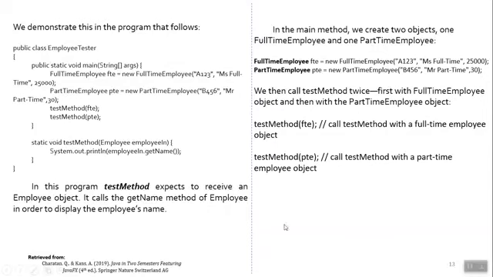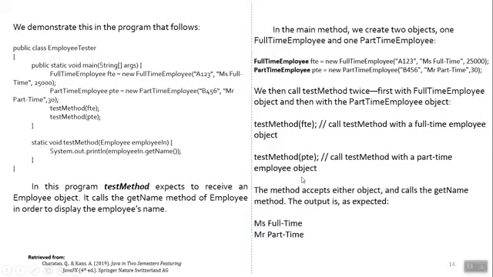This is the test method that would print the details of the employee for full-time, and then the same test method is called for the part-time employee object. The method accepts either object and calls the getName method, and the output is as expected: Miss Full-time and Mr. Part-time.